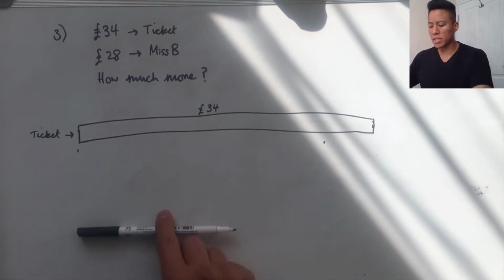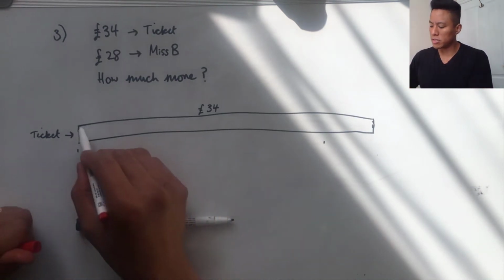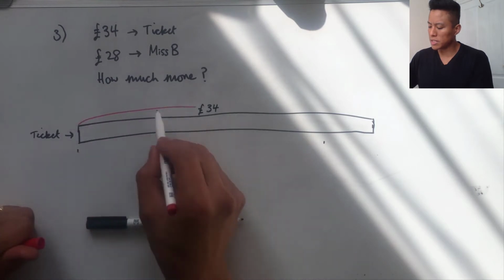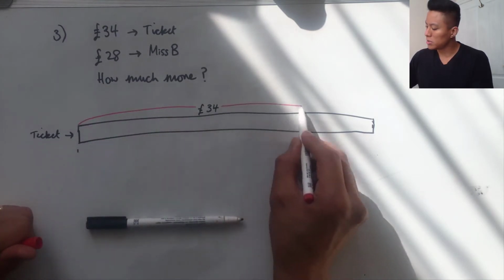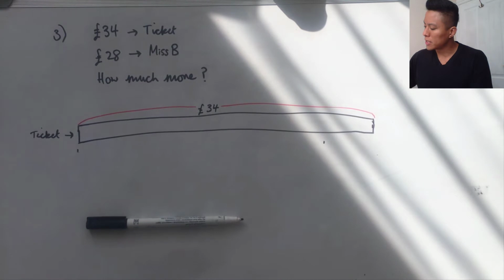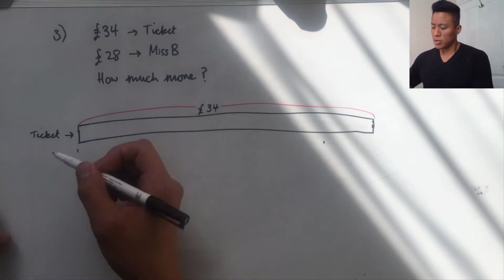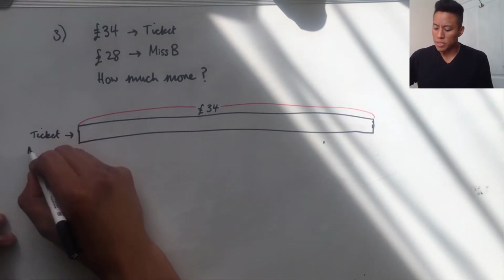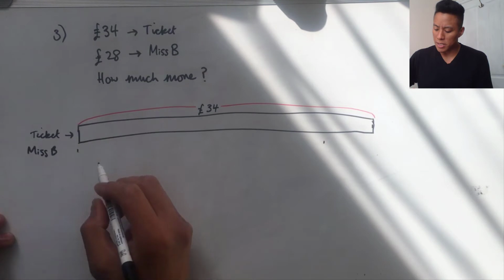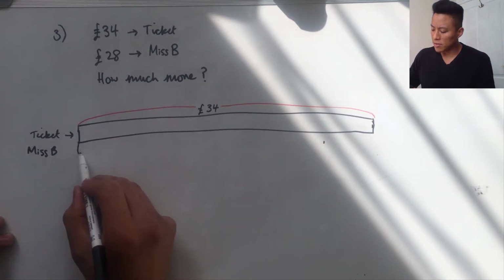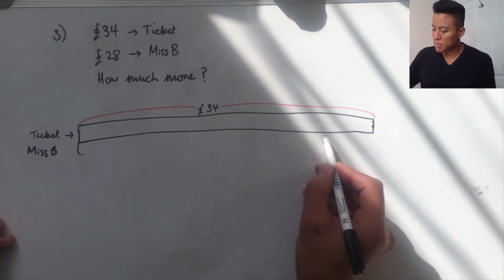So all of this is £34. I'm just going to label it and say from this part of the bar to that part of the bar, this represents £34. Now we're going to compare it with how much Ms. Buckley has. So here's Ms. Buckley, and she's going to have £28 even.